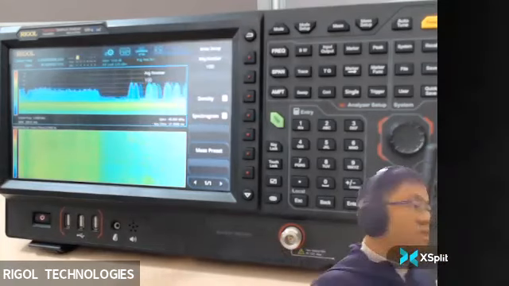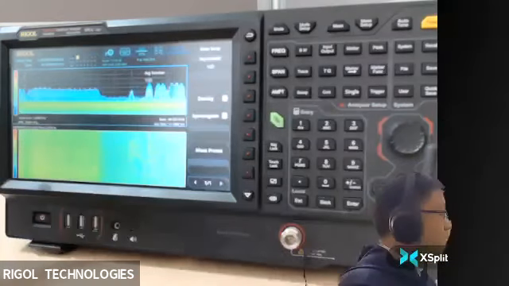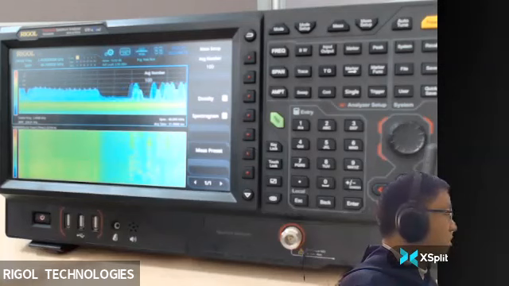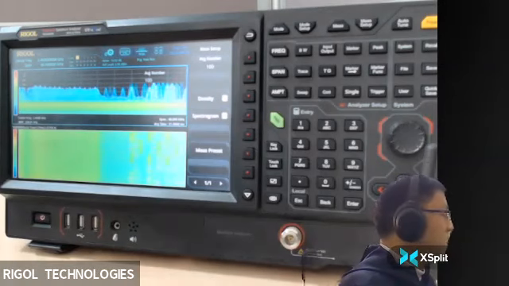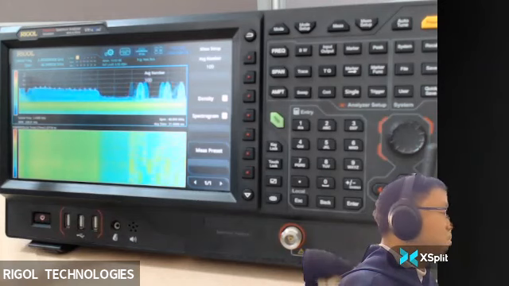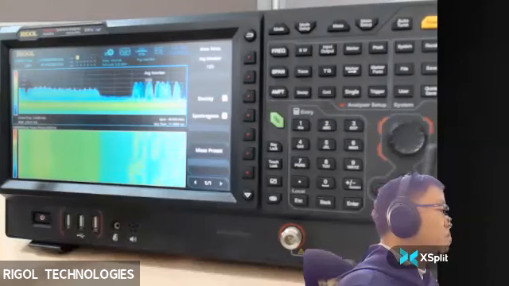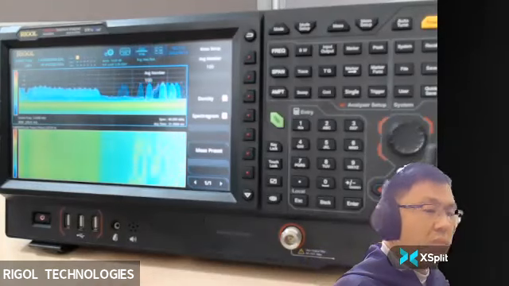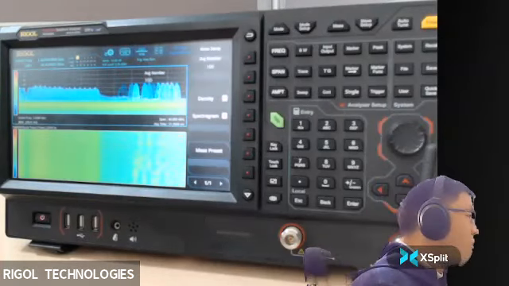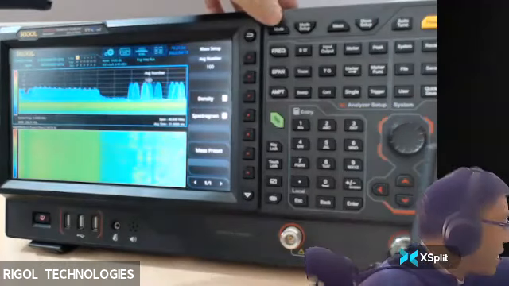You can see this is RIGOL's spectrum analyzer, the model number is the RSA5065N series spectrum analyzer. This is a 5-in-1 instrument. How can I say that?